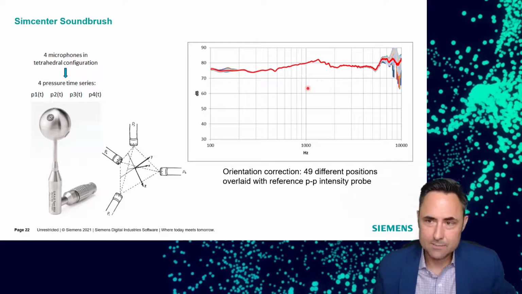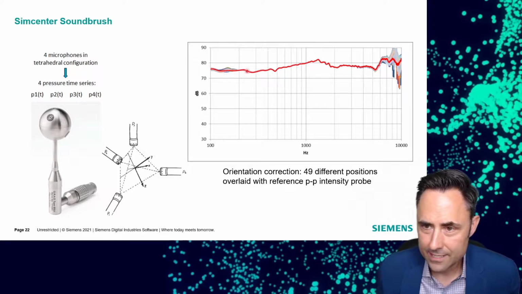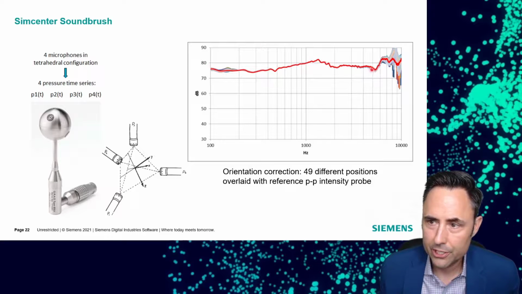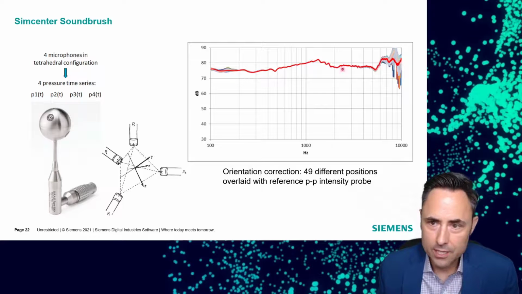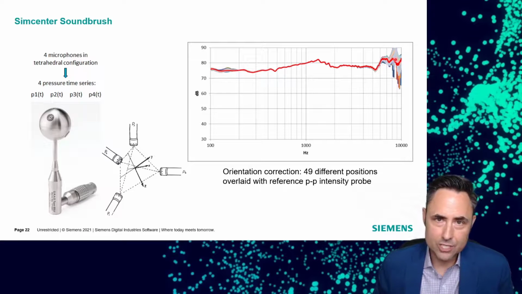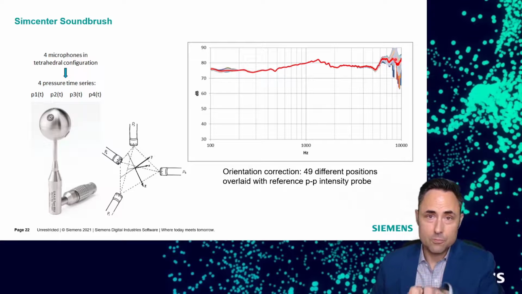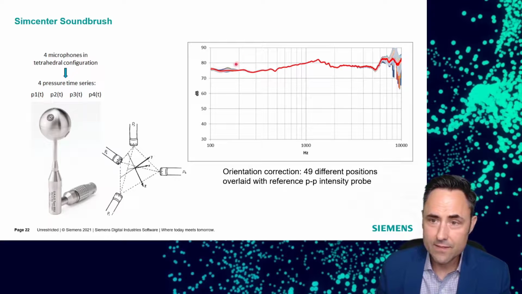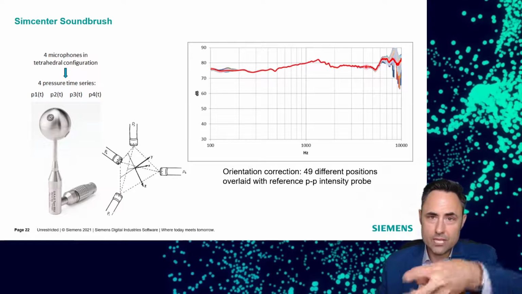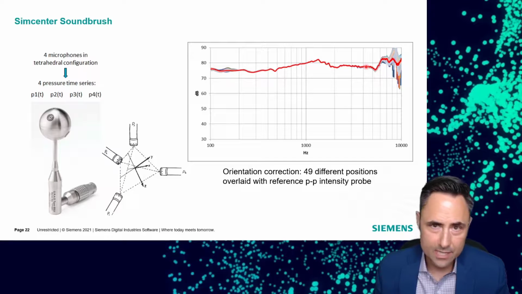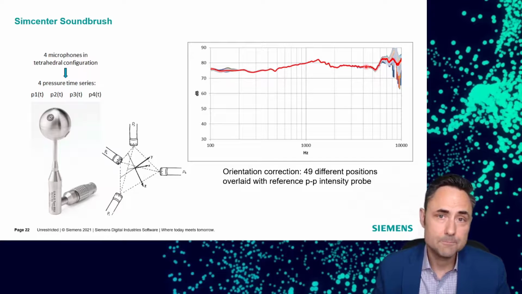So what you're seeing in this plot here, the red line is a standard traditional pressure probe in a fixed XY orientation, and then behind it are 49 different orientations of the SoundBrush held at all of these oblique angles, and essentially you see they are line for line the same. So we are 100% compensating for the rotation of this device in 3D space, essentially in real time. Okay, so that's the second key thing.